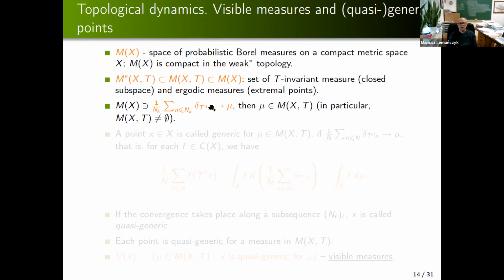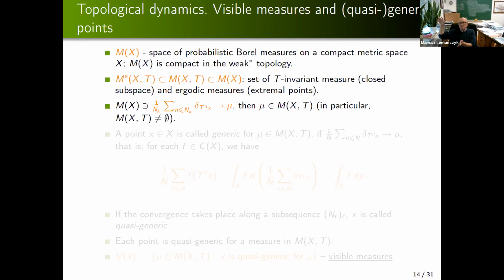Now I have these measures, and they are in this space M of X, but M of X is compact. So I know that I can choose a subsequence that converges. If I take this empiric measure and look at what's happening if I move this point by T, you see that, of course, I change it. It's not the same measure, right?